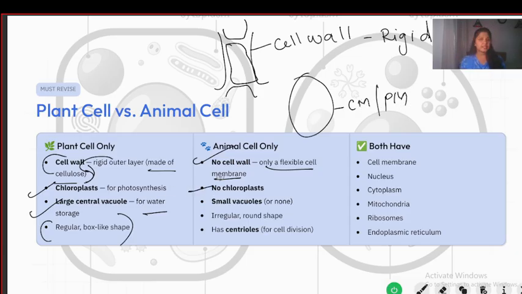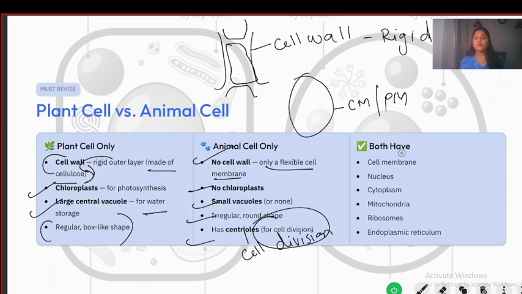No chloroplast, because they don't prepare their own food. Vacuoles are very small, or sometimes not present at all. That does not make a major difference in the cell. Irregular or round shape, has centrioles for cell division. Centrioles are very essential for cell division. They are thread-like structures.